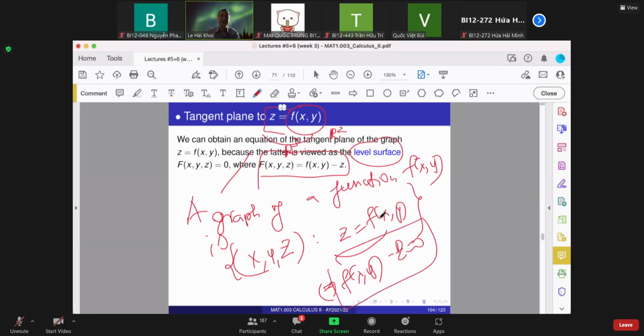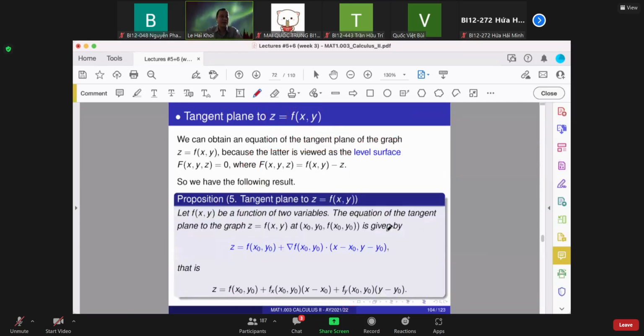So this is the formula F(x,y,z) equals k equals 0. This is the level surface, k equals 0, which means you can view the graph of a function of two variables as a level surface of a function of three variables, which is f(x,y) minus z equals 0. And then you apply the formula to that situation. Then you get the equation of the tangent plane to the graph in this form or that form. So it is a particular case.